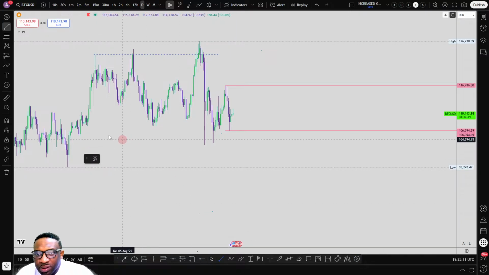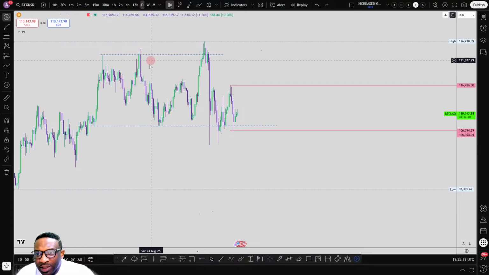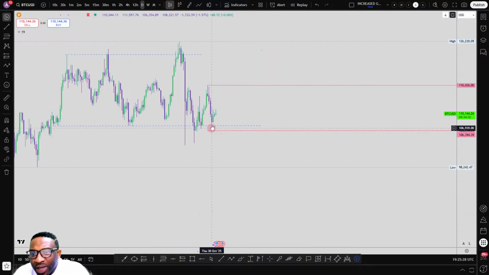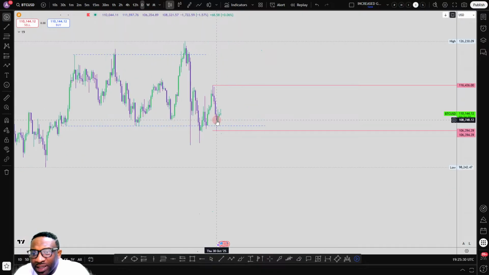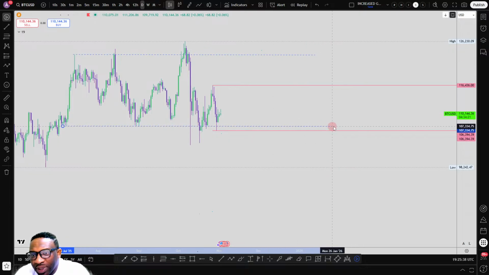Equal highs, equal lows. So we can see that we have body closes of these candles within this range as well. So from this area, we at least anticipate to hit this high, which price is beginning to play within.